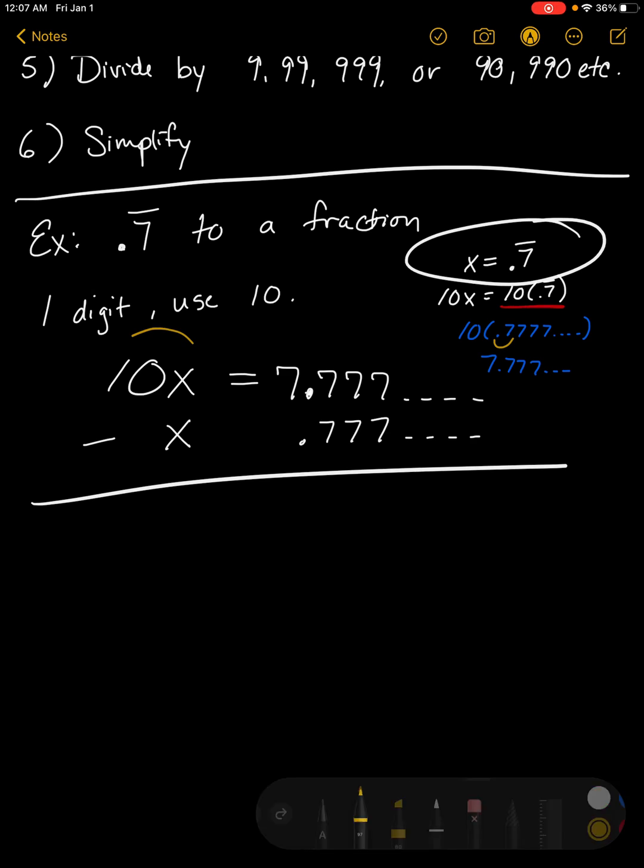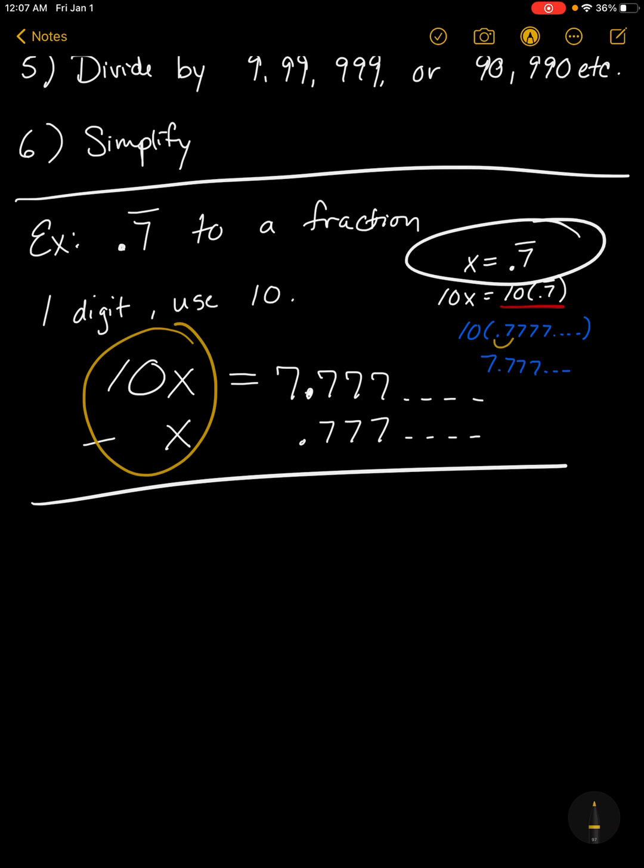Now, if I'm subtracting this part, 10x minus x, you're going to get 9x, okay? Drop your equal sign. Now, if you take 7.7 repeating and you subtract the 7 repeating, I mean, it's just some logic here. Remember, this is 0.7 repeating. We just don't write the 0.